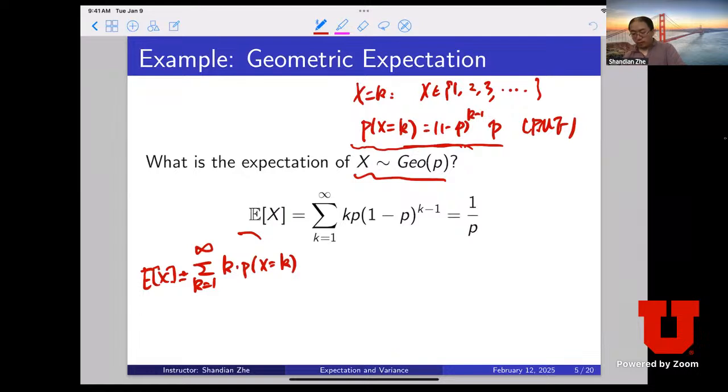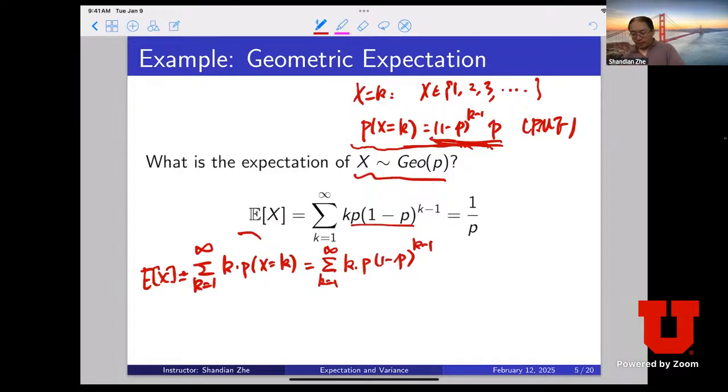Now we know the probability X takes K is this expression, so we just do some substitution. We have the summation of K times P times 1 minus P to the K minus 1. As long as we can compute this series, we are able to get our expectation.